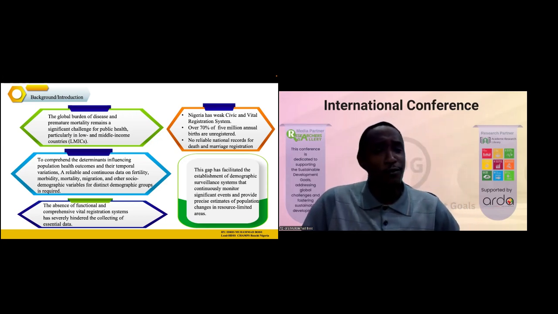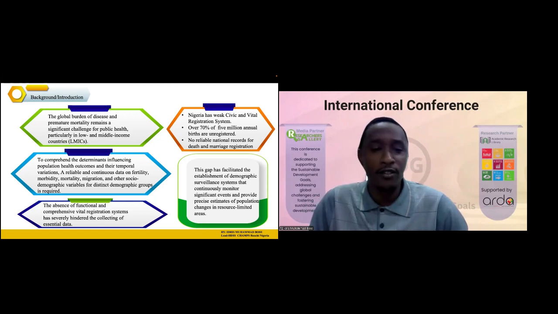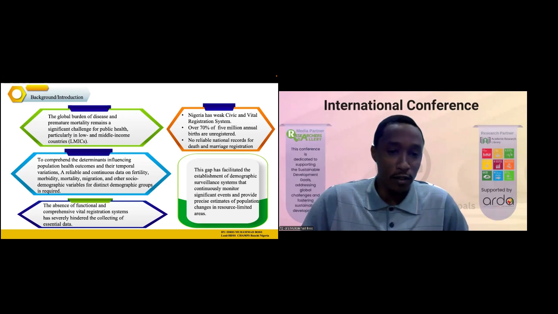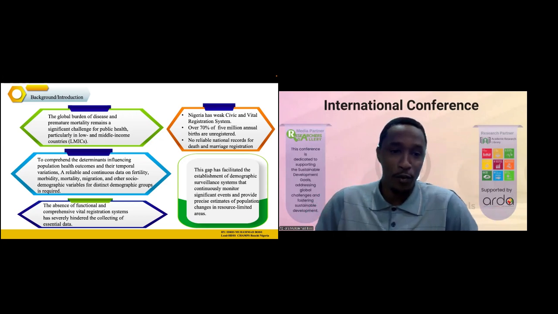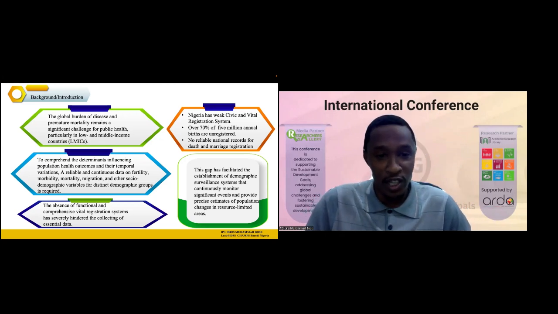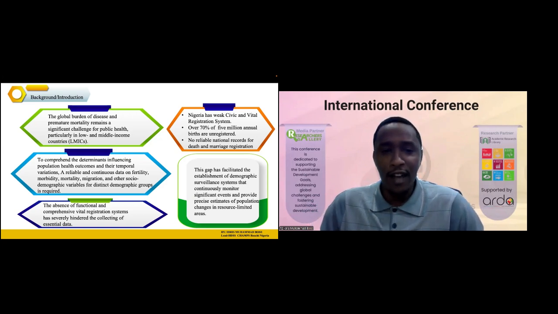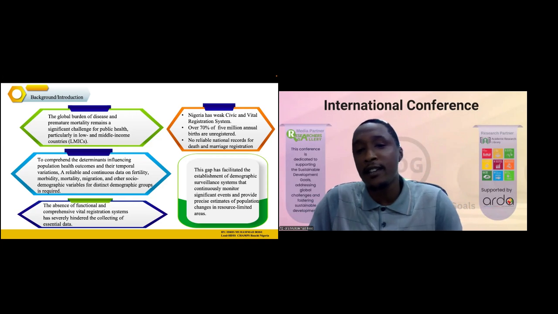The absence of a functional and comprehensive vital registration system in the majority of middle and low income countries, specifically the sub-Saharan countries, including Nigeria, has severely hindered the collection of essential data.